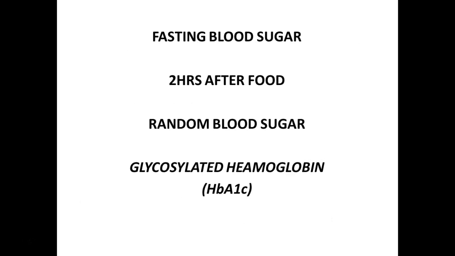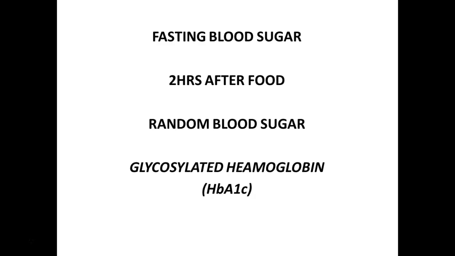For blood sugar, it's important to know your fasting blood sugar, 2 hours after food, random blood sugar, and glycosylated hemoglobin, and each is necessary at different times. To monitor your progress, we usually use fasting blood sugar and 2 hours after food. That's 2 hours after your first meal in the morning, and you can also do it 2 hours after any meal.